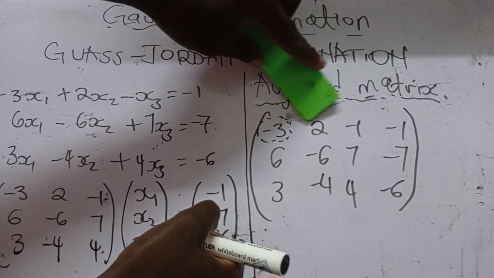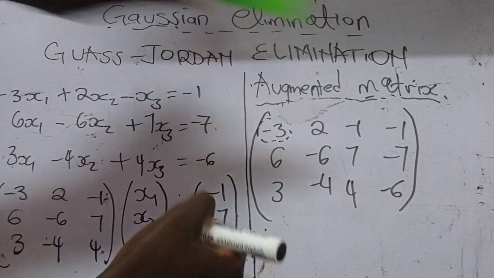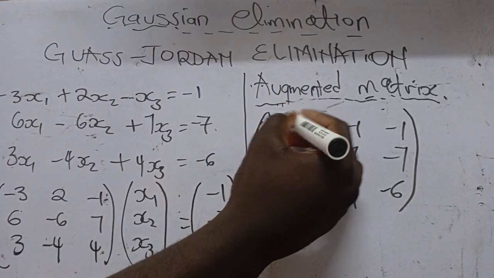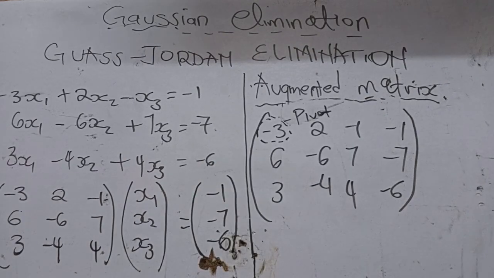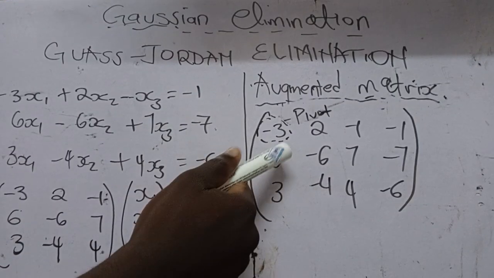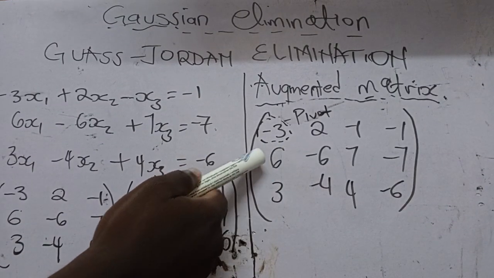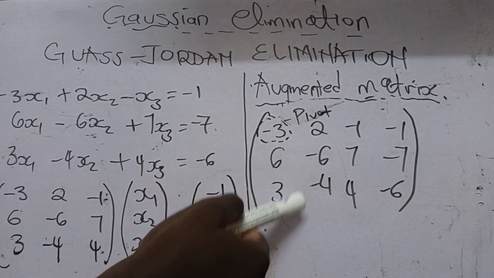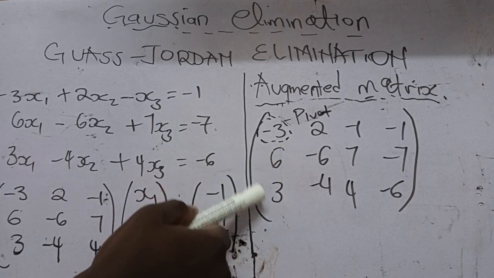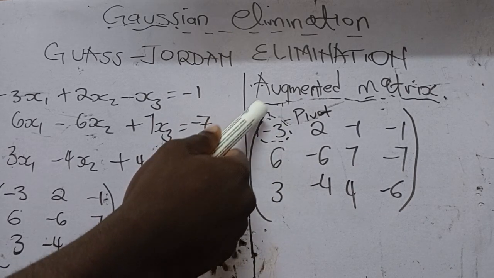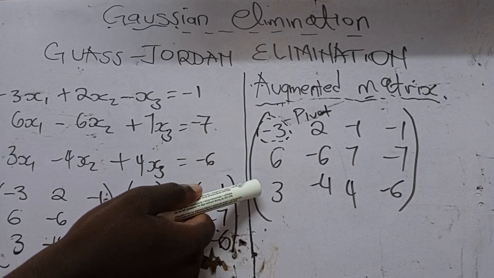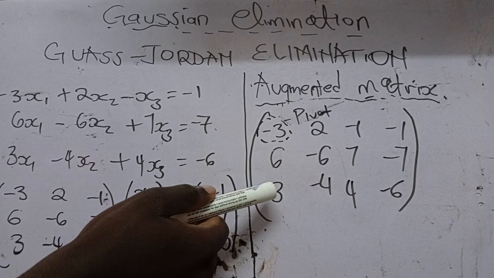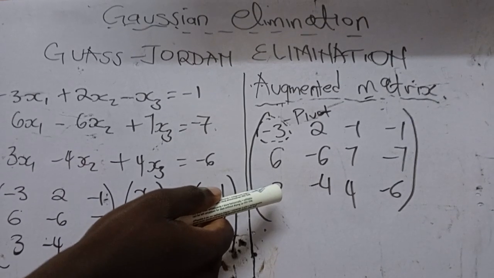So if you are seeing this well, this is what we call the pivot. So let us put all this to be 0 in augmented form.